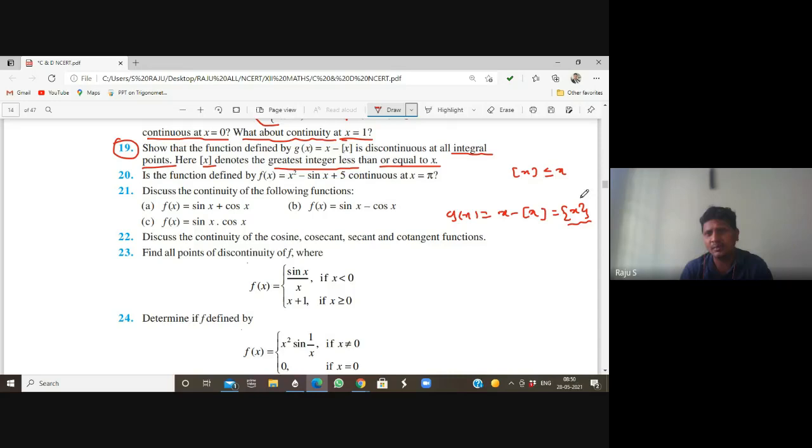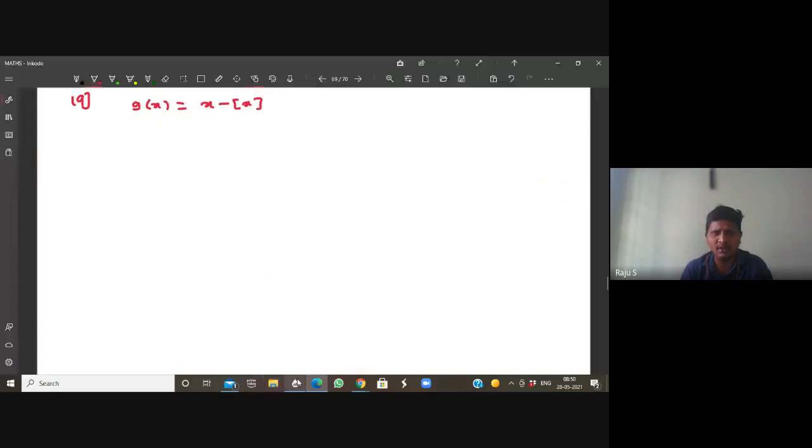For example, see what will happen with the greatest integer function. I'm going to explain very clearly. I'm taking the real line. On that, I'm taking a particular integer, 2. At 2, we know very well the greatest integer function.